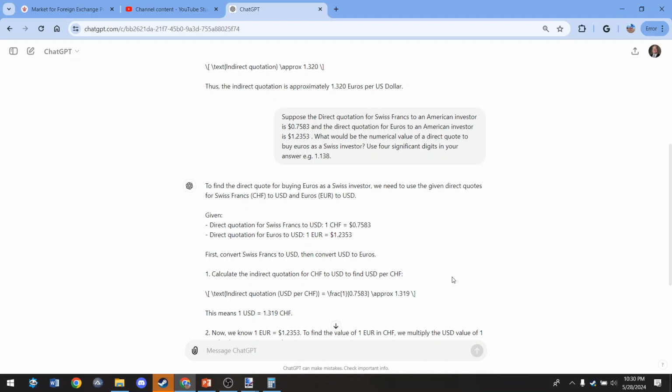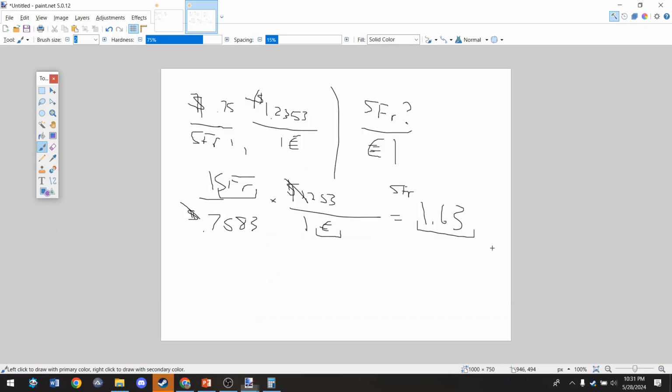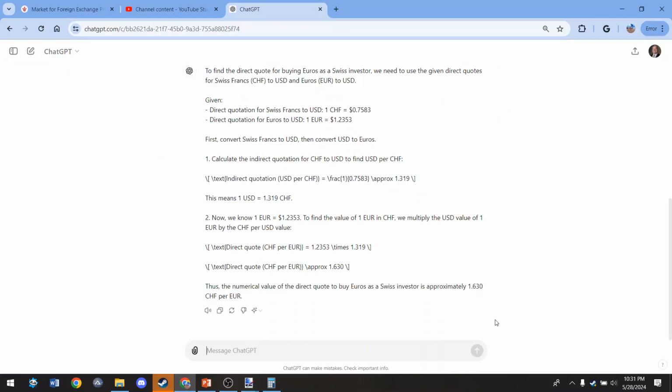This is not rendering as math, but you can see this is 1/0.7583, which is approximately 1.319. And then we know that 1 euro is $1.23, so it's $1.23 times 1.319, and so we get 1.630, and that's what we figured out here.